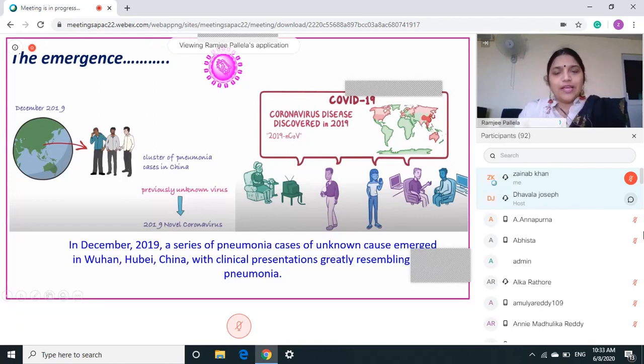It was in the end of December that all these things started from China, and suddenly it spread globally. You won't believe this is the first case after SARS. Of course, SARS was also not that infectious, but post SARS, this is the first outbreak which was actually considered a pandemic within a month of its spread.